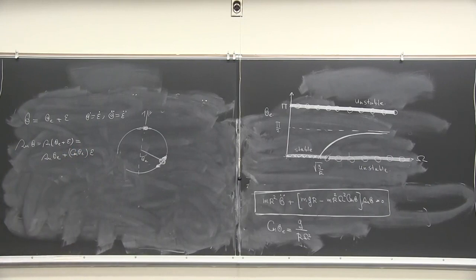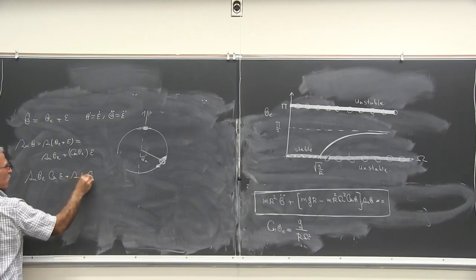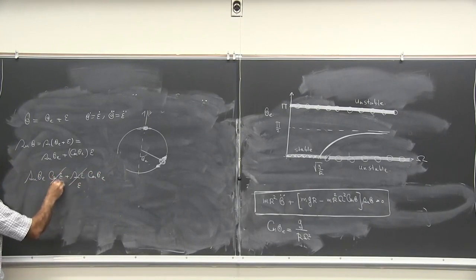If you just expand it, sine theta becomes sine theta equilibrium cosine epsilon plus sine epsilon cosine theta equilibrium. Cosine epsilon is equal to 1 and sine epsilon is epsilon, then you put it back here, and that's what you have.